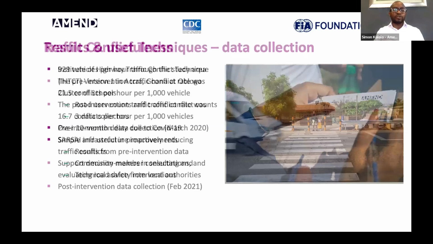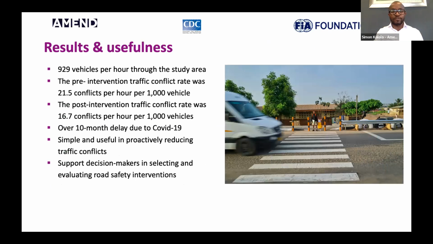And to talk about the results and the usefulness of the toolkits, based on our experience, this was quite interesting because as part of our interventions and our school area safety improvement project, we have a number of assessments that we conduct, including speed surveys, traffic counts, pedestrian counts, and interviews with members of the community, as I explained.